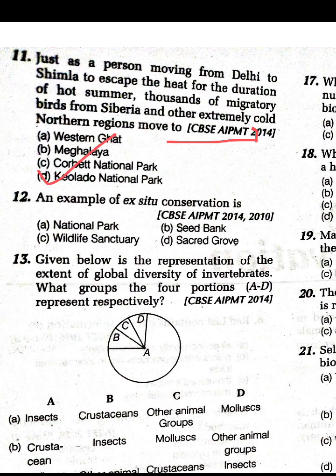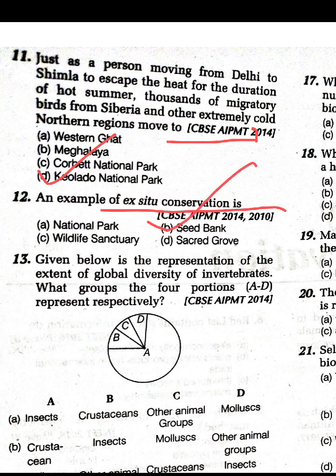Option number D. It is situated in Bharatpur, Rajasthan. So Siberian birds migrate in the winter to this national park, which is present in Rajasthan. Next, an example of ex situ conservation is, so it is option number B, seed banks.